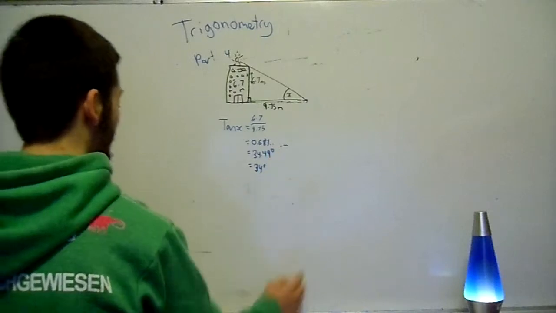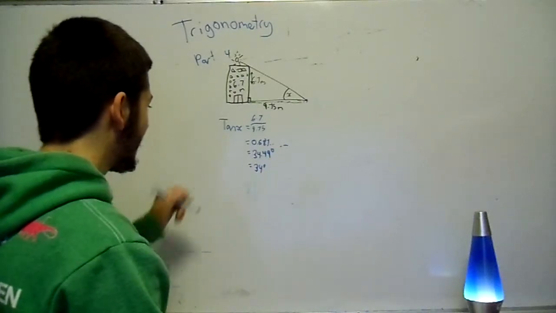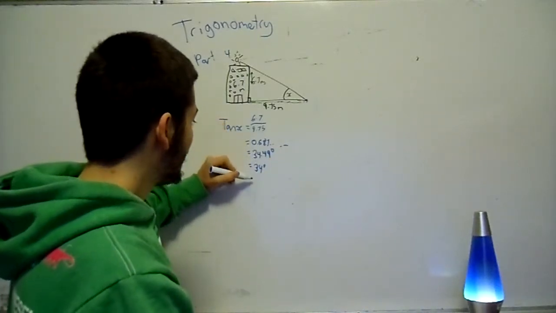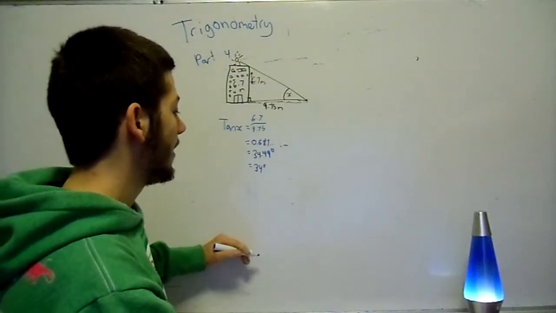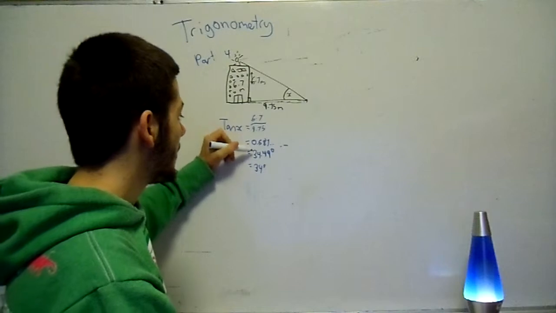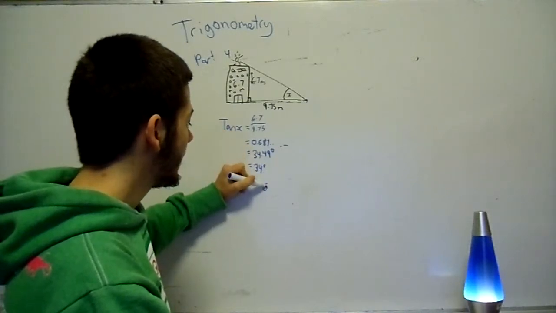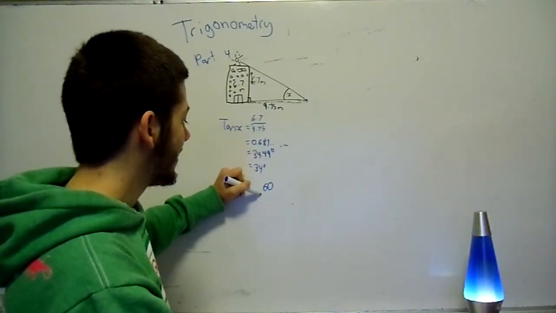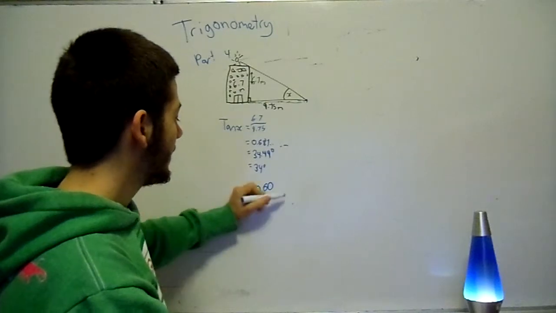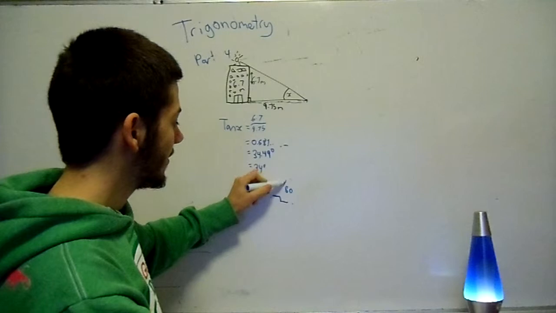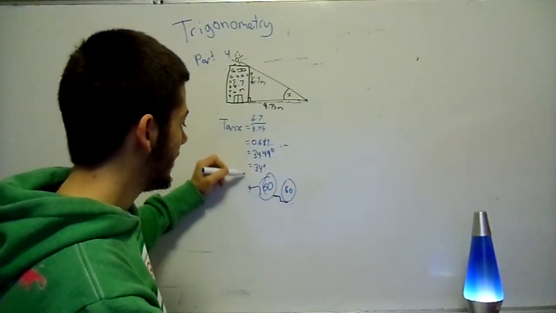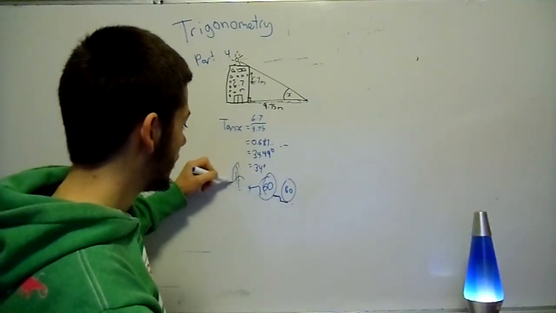Now don't get tricked, because degrees don't have a limit like minutes and seconds do. Minutes goes up to 60, and that makes a degree, and the same thing with seconds. So it's sort of like time. You got your seconds, you got your minutes, and then you got your degrees, which pretty much goes on to infinity.